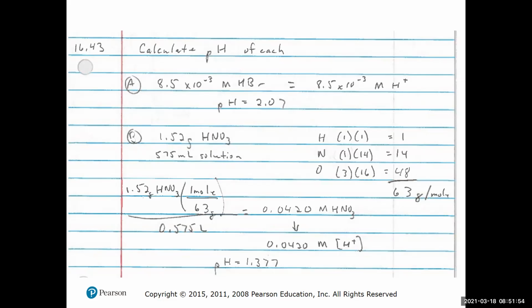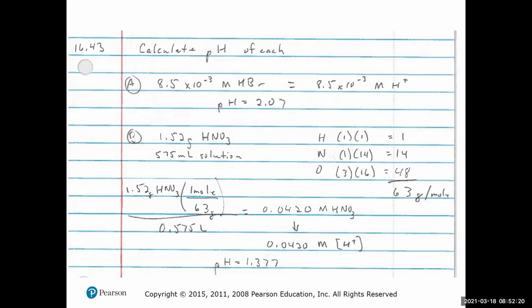So in this case, 1.52 grams of the acid, a volume of solution in mils. So right now my units are grams and mils. Molarity is moles and liters. So I've got to do something to get that gram value into moles, and I've got to do something else to get the milliliters into liters.